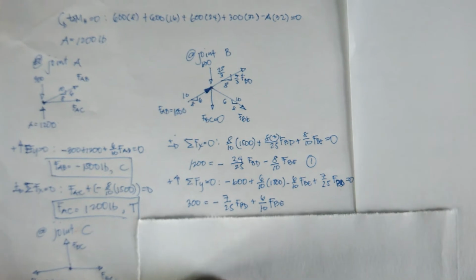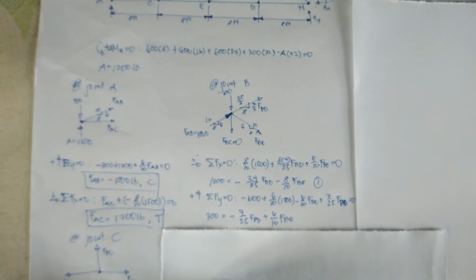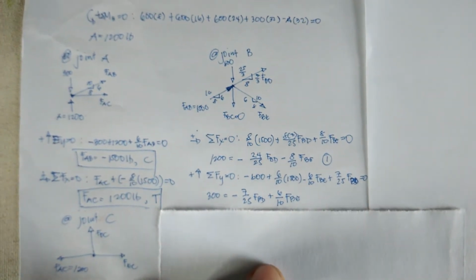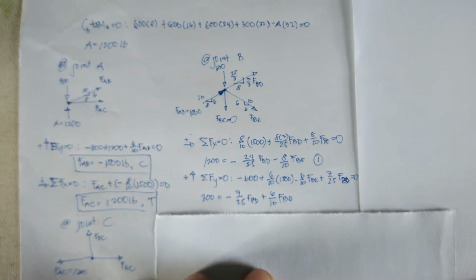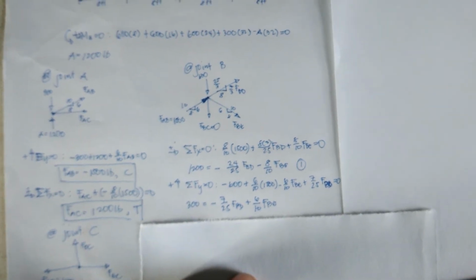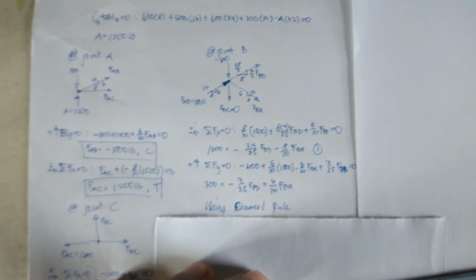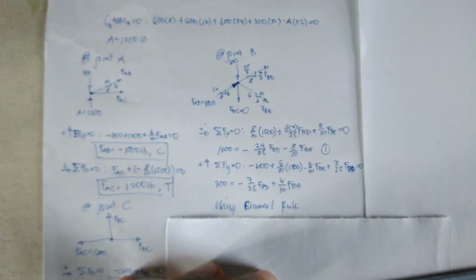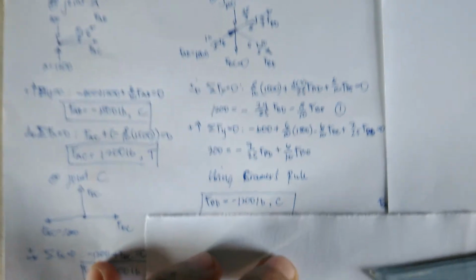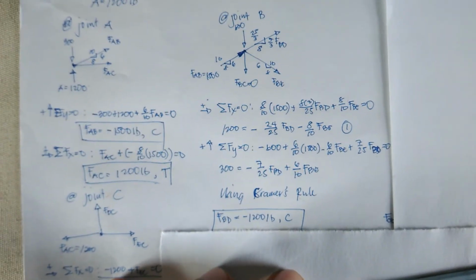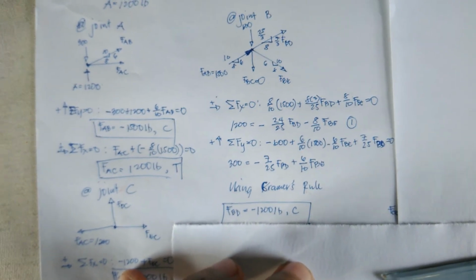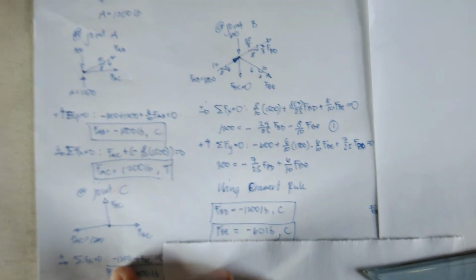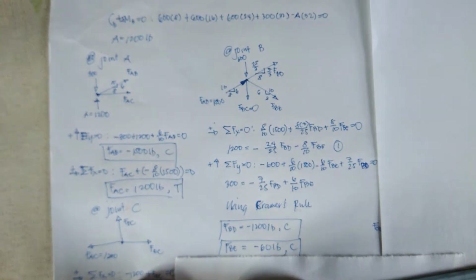Here I use Cramer's rule for the system of equations. I use Cramer's rule since it is a lot easier to use with a calculator. So FBD is equal to negative 1,200 pounds compression, and FBE is 60 pounds compression.